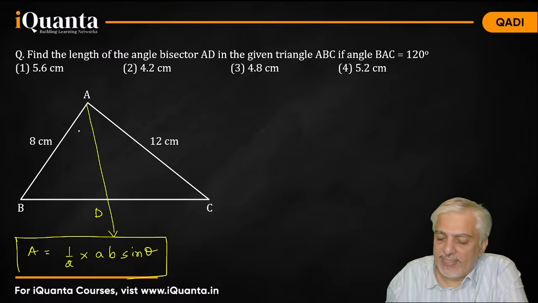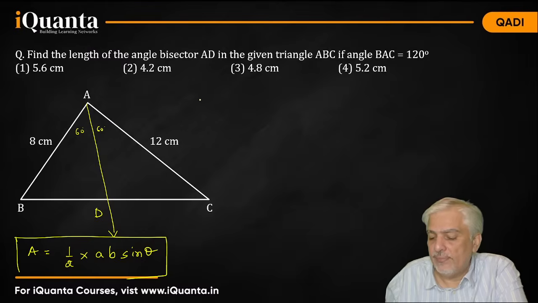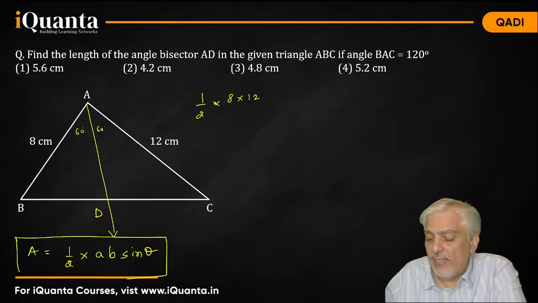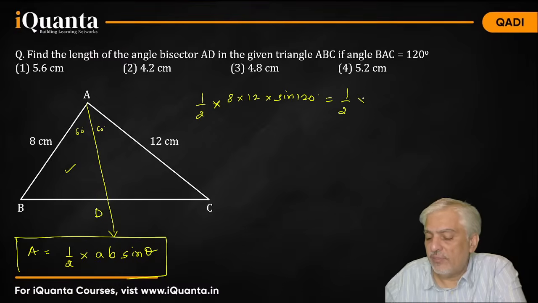Okay. If I take this angle full as 120, so this is 60 and 60. I would do this. Area of the full triangle is half into 8 into 12 into sine 120. Area of the small triangle is half into 8 into x into sine 60, if I take this as x.